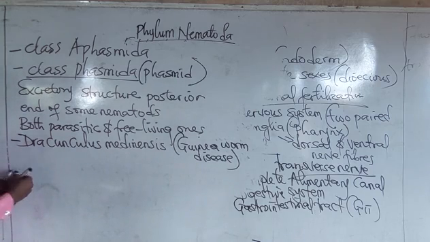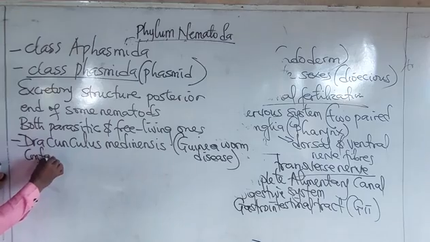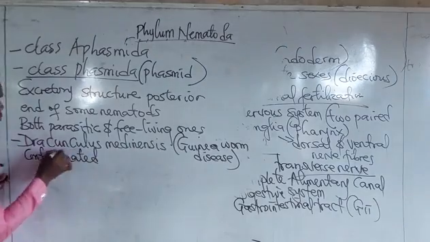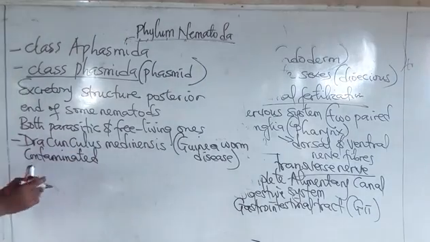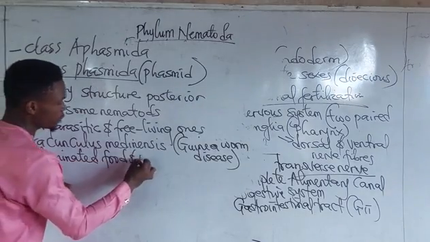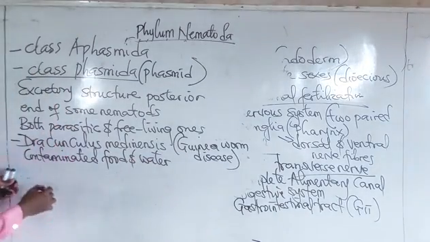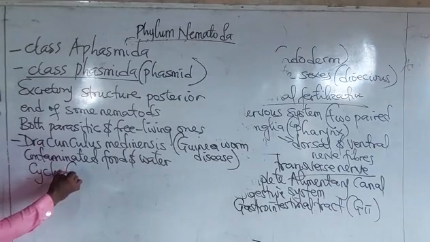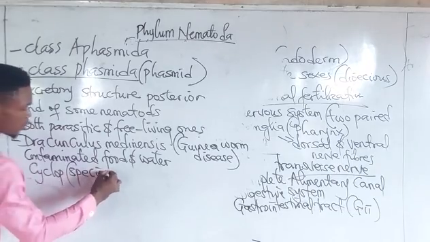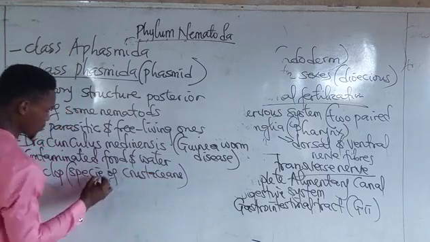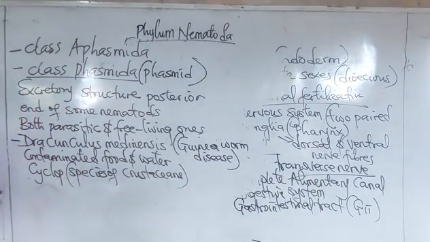It is transmitted by ingesting food and water contaminated by cyclops. Cyclops is a species of crustaceans.